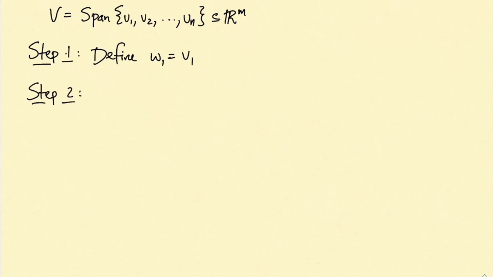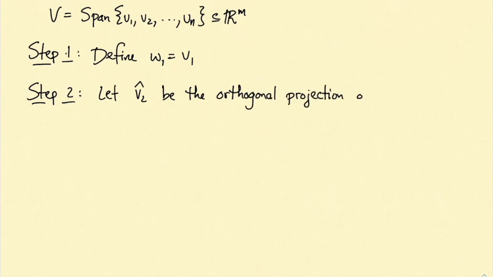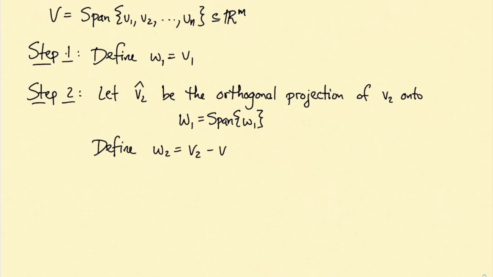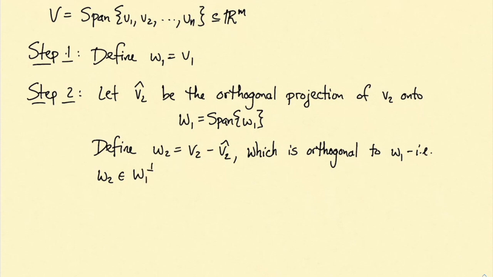Step 2: let V2 hat be the orthogonal projection of V2 onto the subspace spanned by the vector W1 from step 1. We form W2 by taking V2 and subtracting V2 hat from it, which we remember is orthogonal to W1. That is to say, W2 lies in the orthogonal complement of W1.